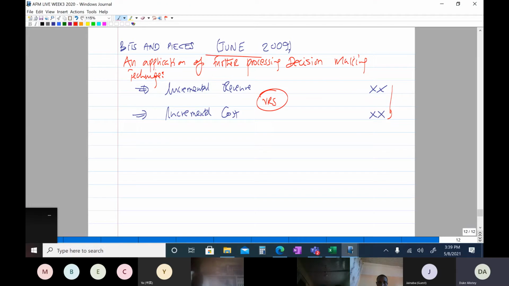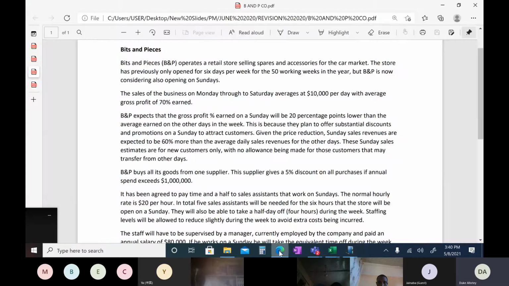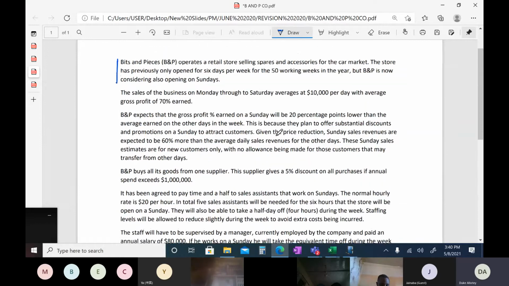Now, this is the question from June 2009, a very beautiful question that applies the idea of incremental revenue over incremental cost. So let's look at it quickly. For exam purposes, as I've said, don't read more than just the first bit here and then go straight to look at the requirement.